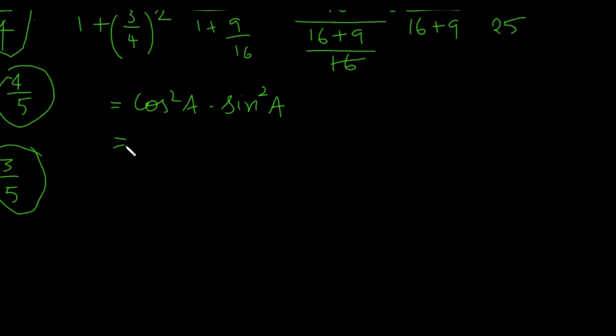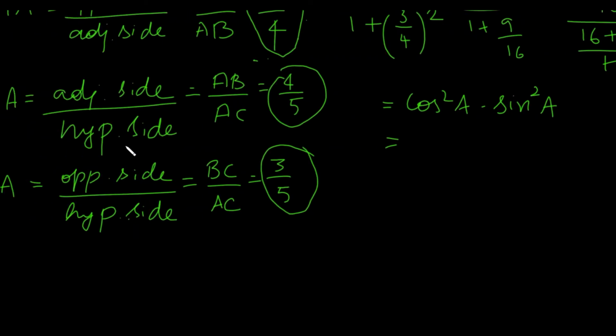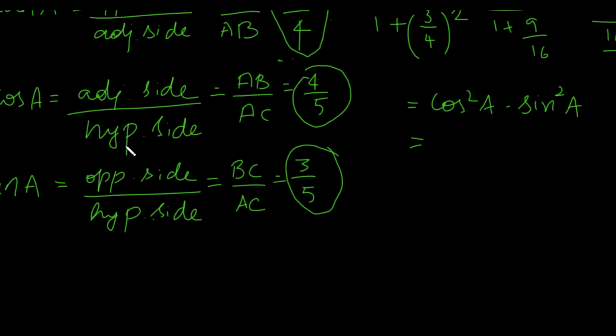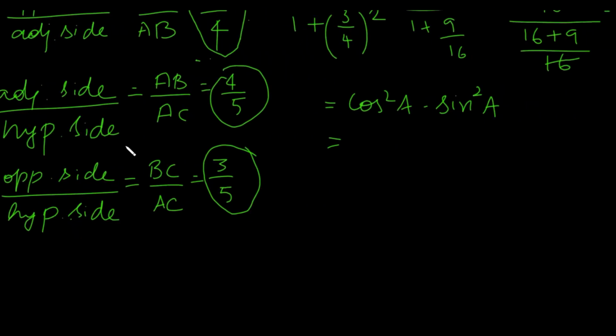So that is going to be equal to cos square, as we found, 4 divided by 5. So let's just enter it, 4 divided by 5 square, minus sin. What's the value of sin? 3 divided by 5 to the whole square.